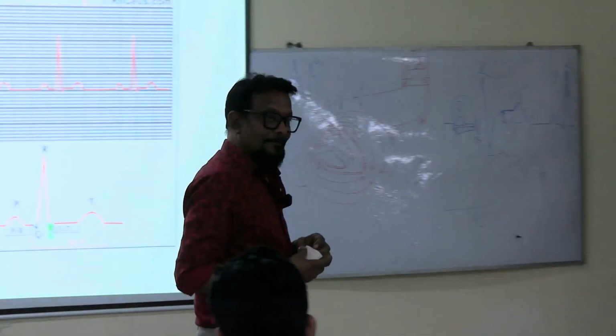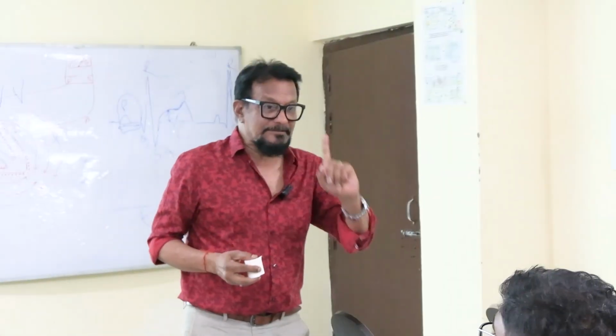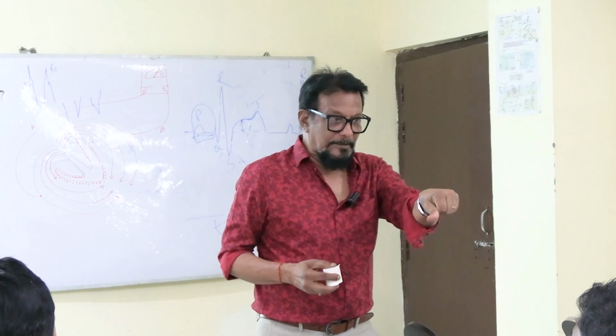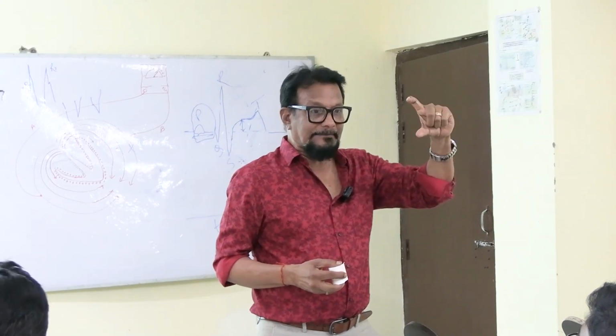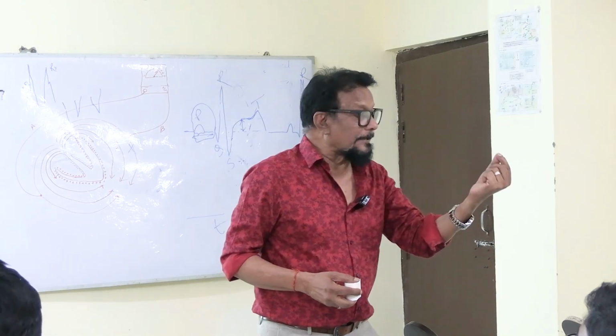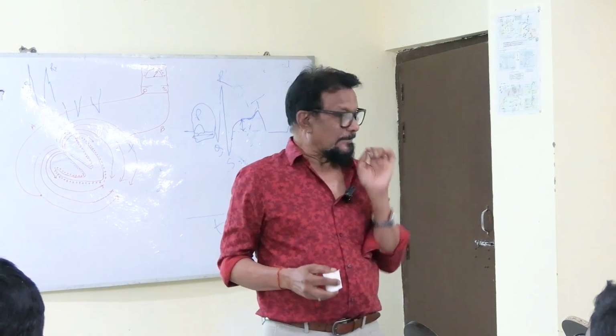By choosing 10, if you give a 1 millivolt stimulus, there will be a displacement of 10 millimeter. That means 1 millimeter means 0.1 millivolt.